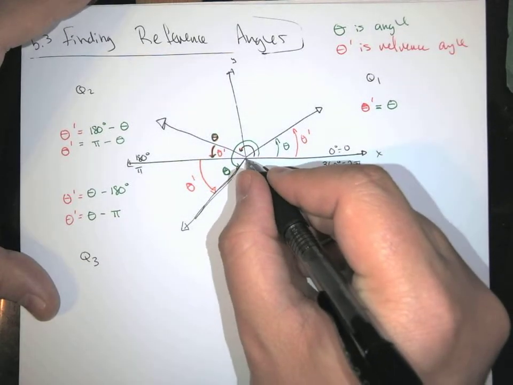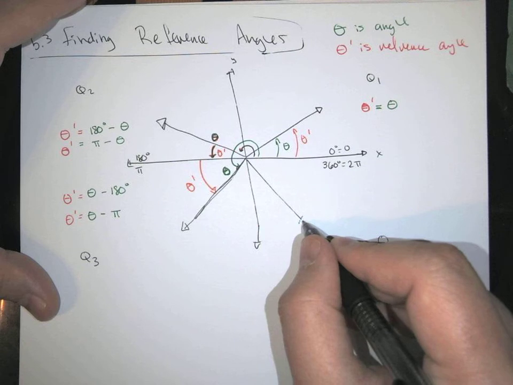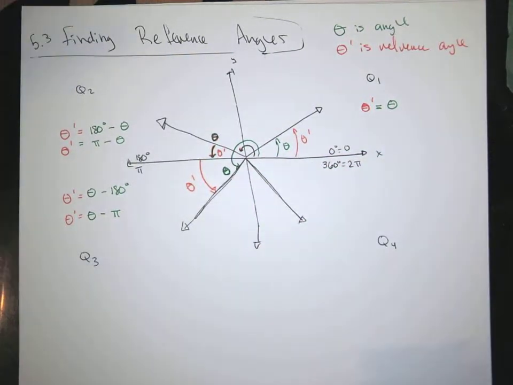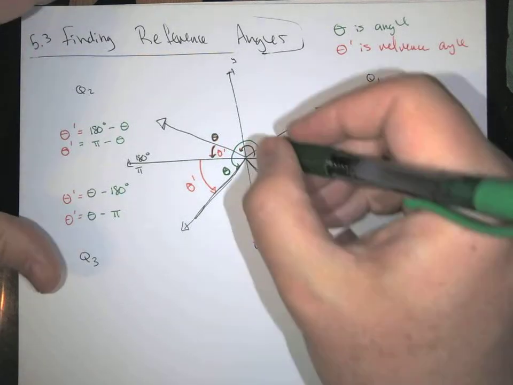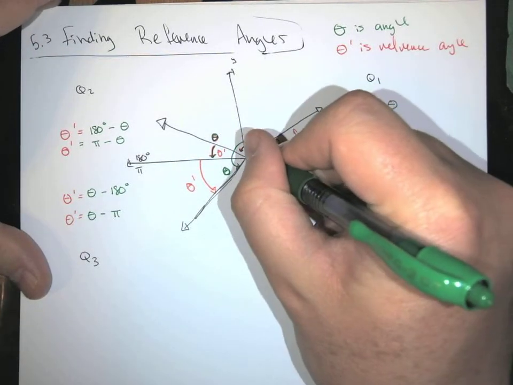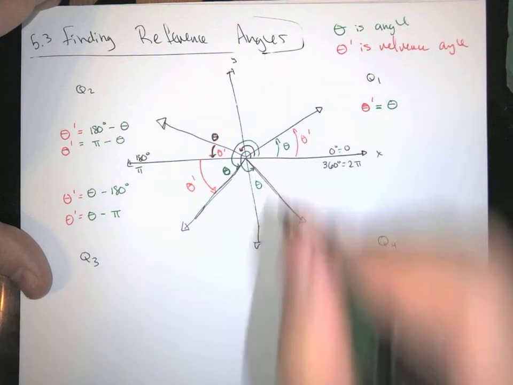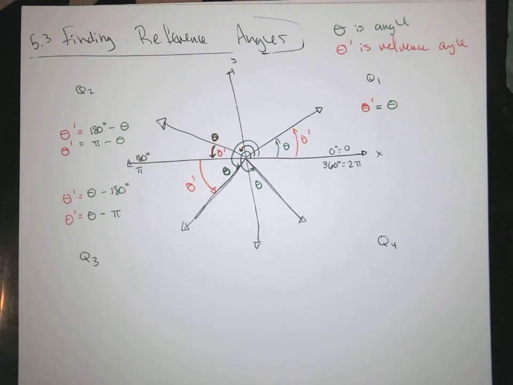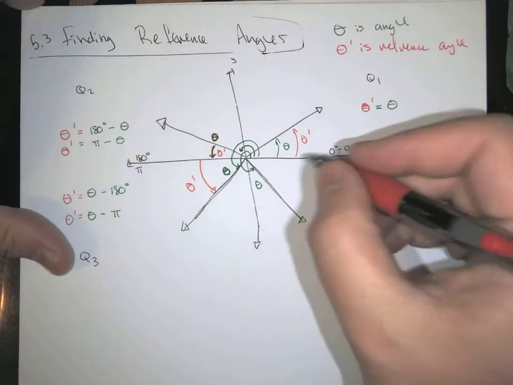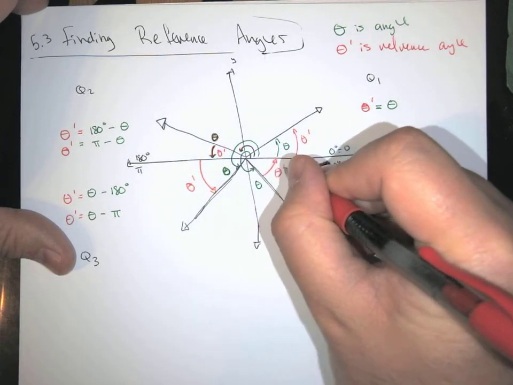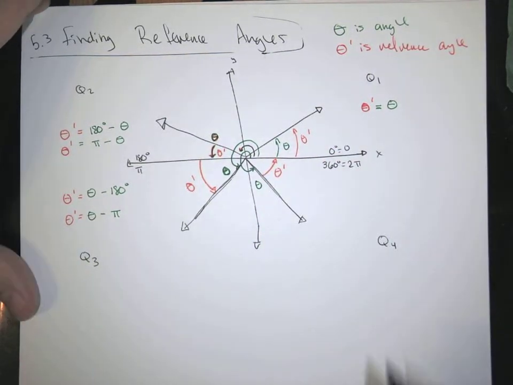If we wrap up quadrant 4, again, just as a generic value, let's sneak this rotation in here. The angle itself is in green, and then our reference angle is now going to make up the difference between that terminal side and 360.